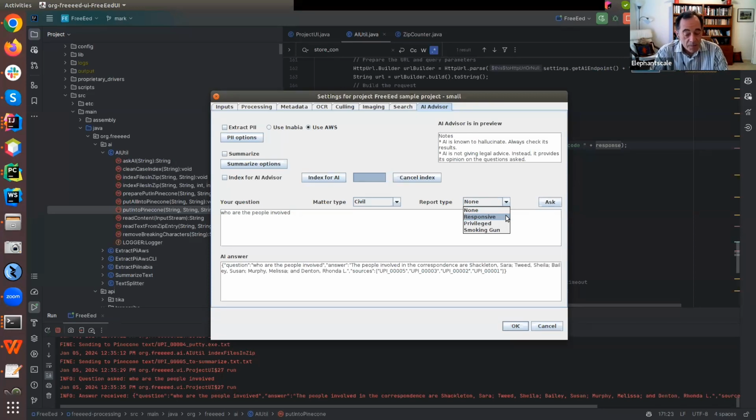Back to philosophy. You say, I want a civil investigation, I want all responsive documents, and it should give you. Or you can say, give me all privileged documents. For that, you need a completely different set. You need to know why this document is privileged and shouldn't be produced to the other side. And that could be spouse privilege.